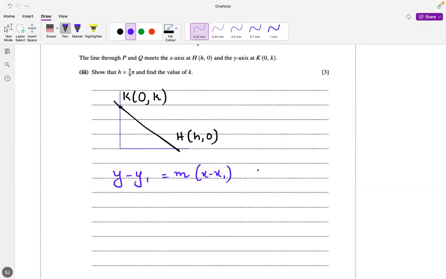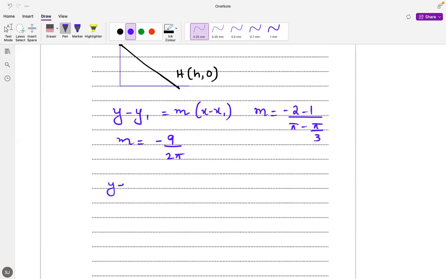To form the equation, we first find the gradient. The gradient m equals y2 minus y1, so minus 2 minus 1, divided by pi minus pi upon 3. Simplifying this, we get minus 9 upon 2 pi.